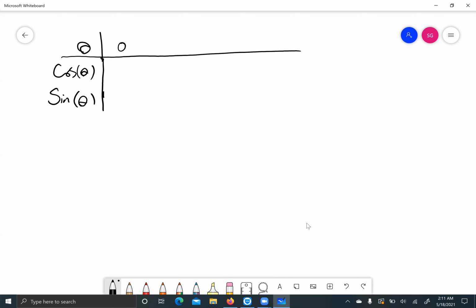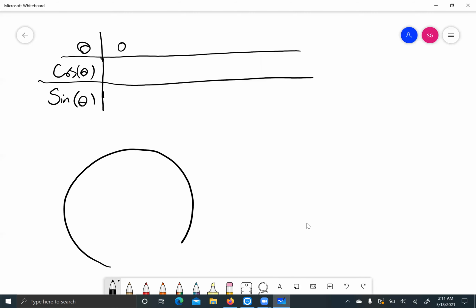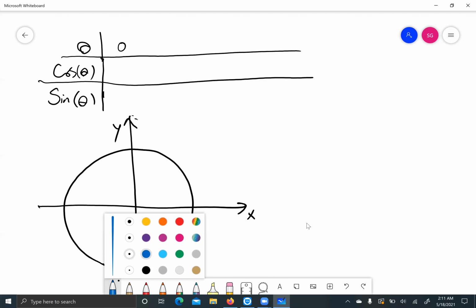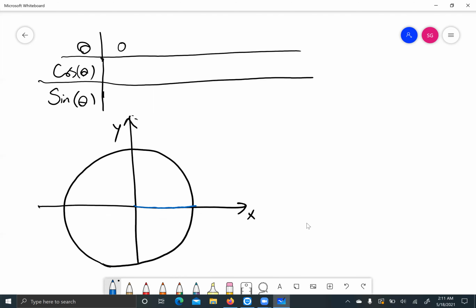Okay, so now let's look at the unit circle. Suppose this is a unit circle. And for angle 0, the point is right here, right? This is the angle theta equals 0 because it's on the ground. So recall, what is cosine, what is sine?